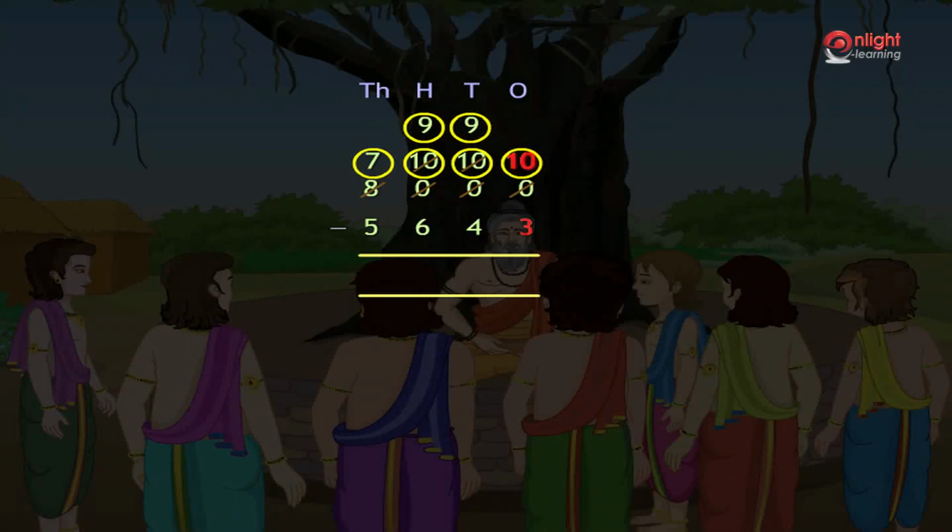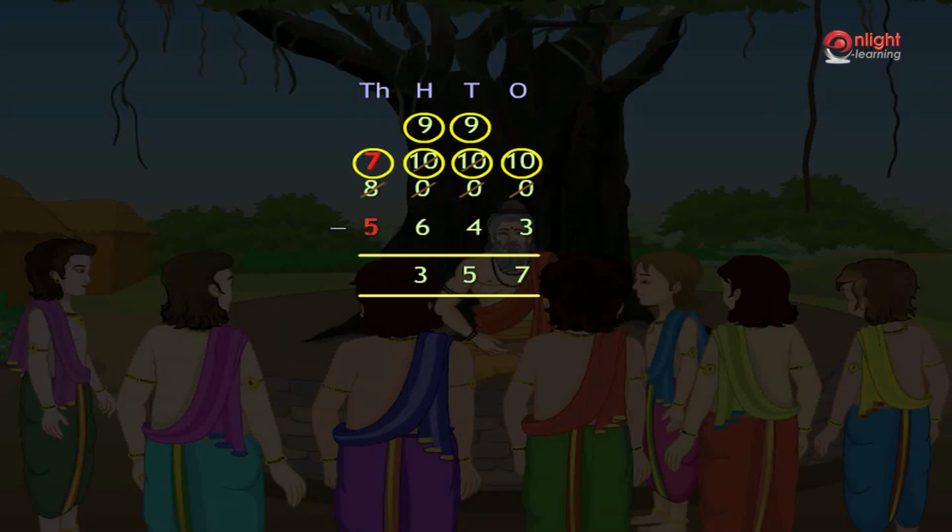Starting from ones place, there is 10 and 3 in ones place. So 10 minus 3 equal to 7. Then in tens place we have 9 and 4. So subtracting 4 from 9 we get 5. Then in hundreds place we have 9 and 6. Subtracting 6 from 9 we get 3.